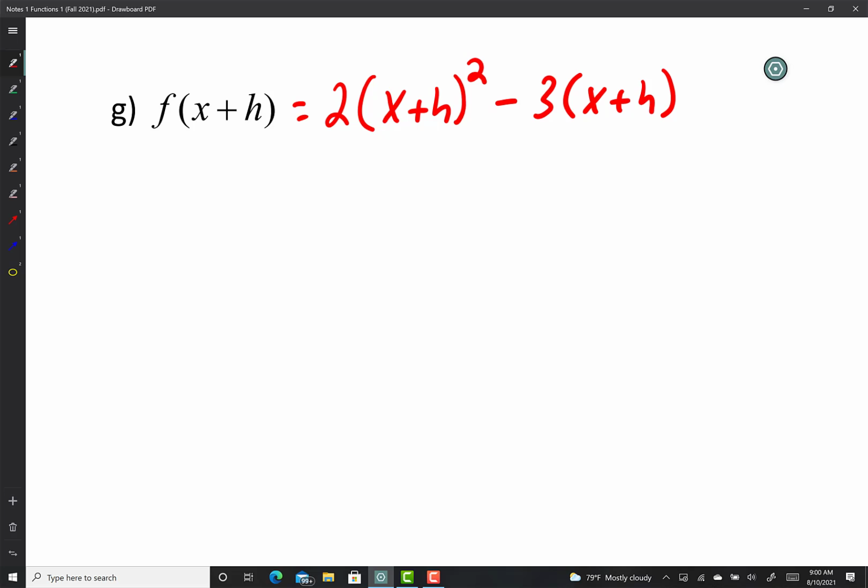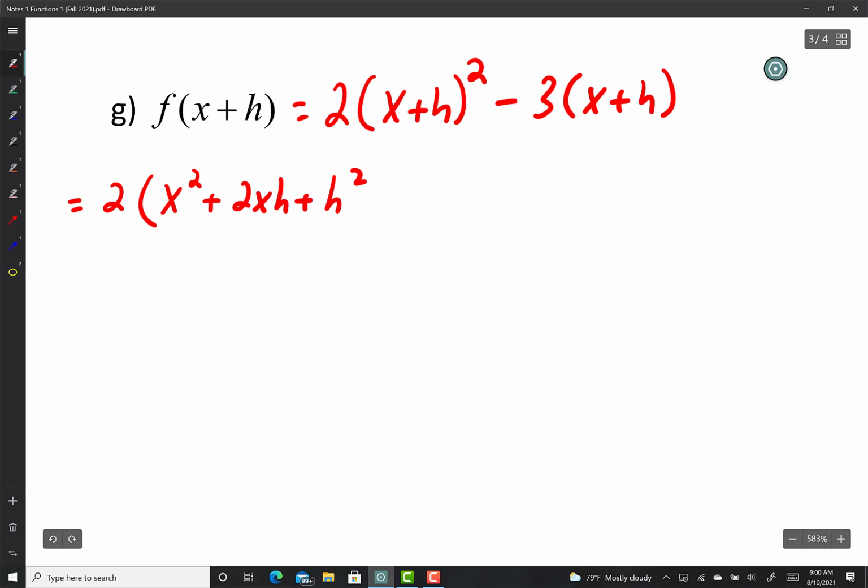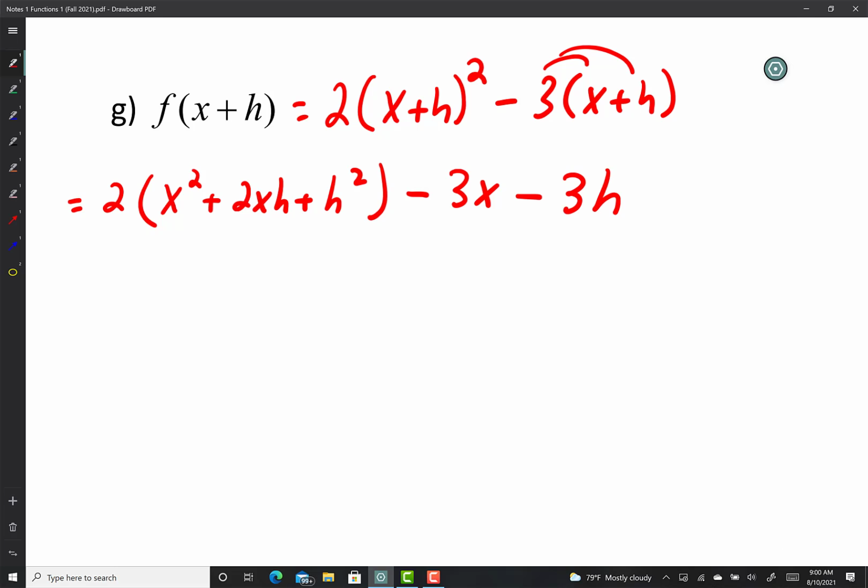Okay. Next. 2 parentheses, x times x is x squared plus x times h is xh, but you're going to have how many of those? 2xh. So 2xh plus h times h, h squared. Close it, minus 3x minus 3h. The most common mistake is you forget to distribute that negative.